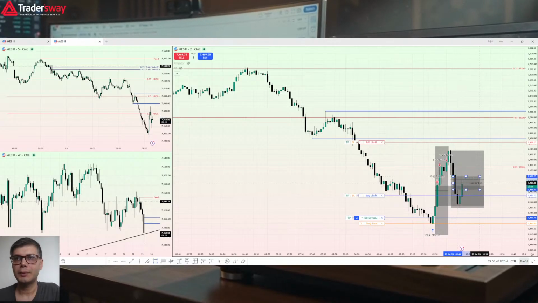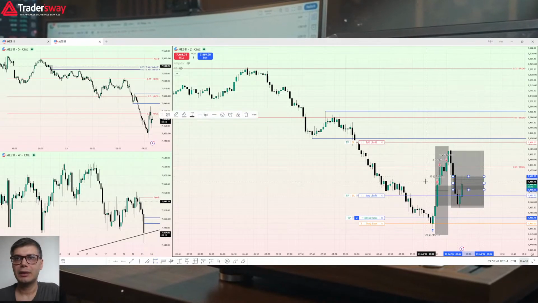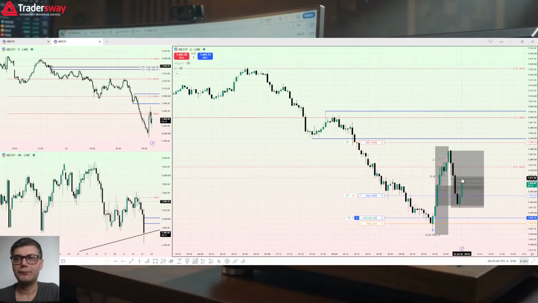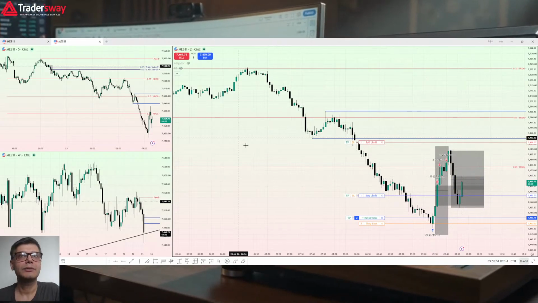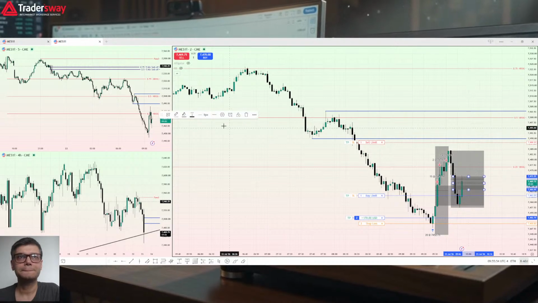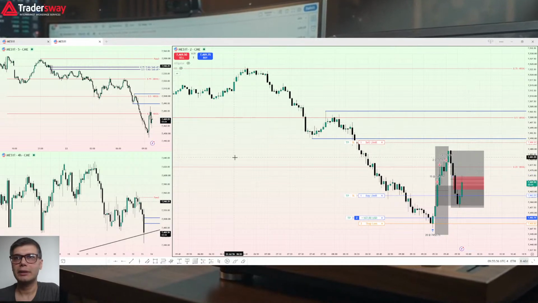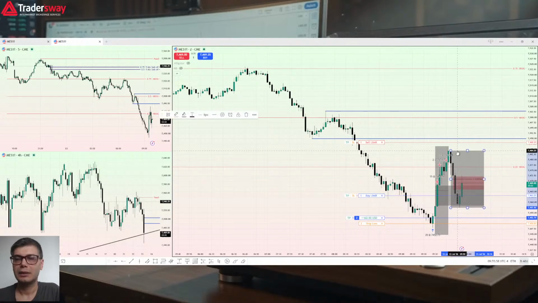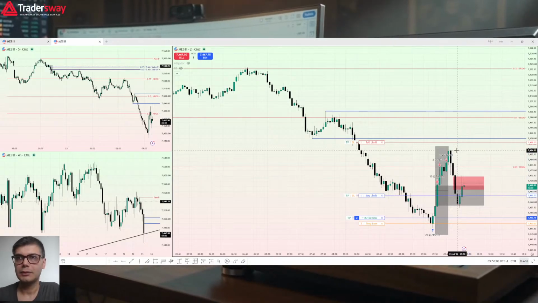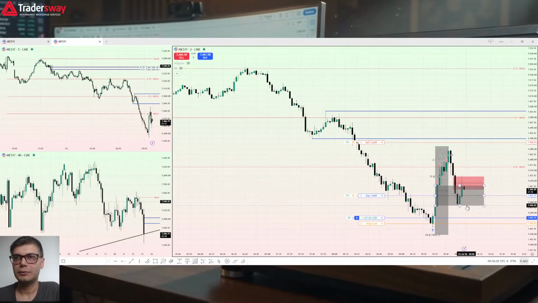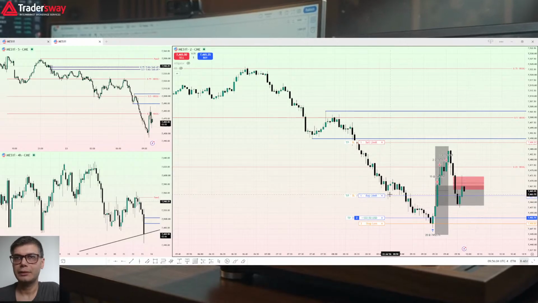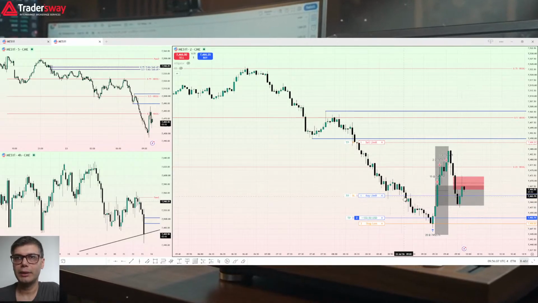It should not close above the fair value gap. Now let's see, are we going to have a tail or a wick? So let's change this color to red and remove this one. Okay, I see a wick.